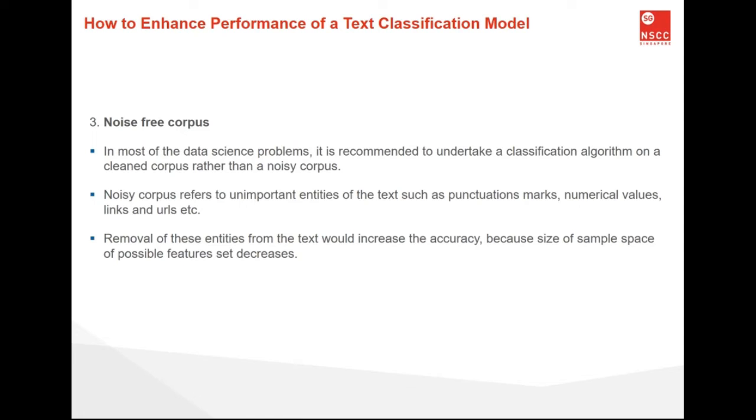Removal of these entities from the text would increase the accuracy, because the size of the sample space of possible feature sets decreases. Yet, it is essential to know that these entities should only be removed if the classification problem doesn't use them. For example, emoticons are important for sentiment classification, but may not be important for other text classifications.